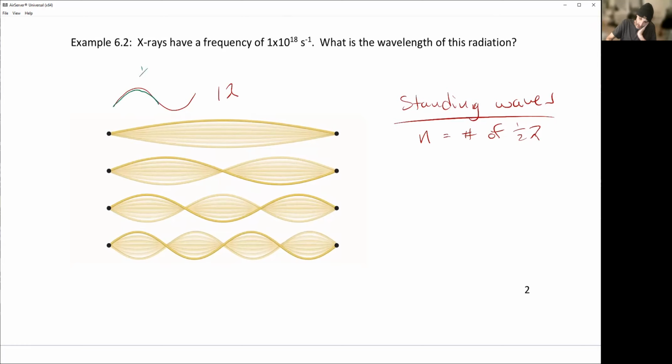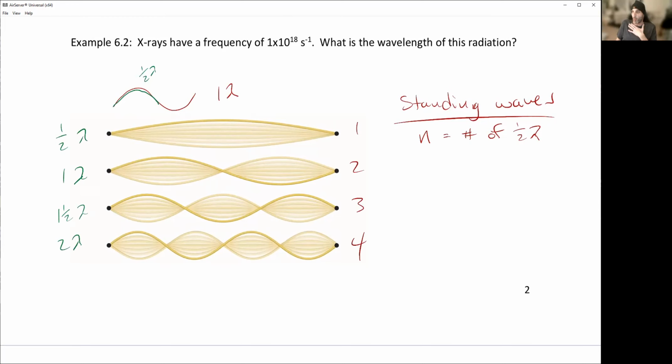That is going to be 1/2 a wavelength. And what you're going to notice is that one has 1/2 wavelength. This next one has 1 full wavelength. This is 1 1/2 wavelengths. And this last one has 2 wavelengths. But ultimately, if n is the number of 1/2 wavelengths, this is 1, 2, 3, and 4.